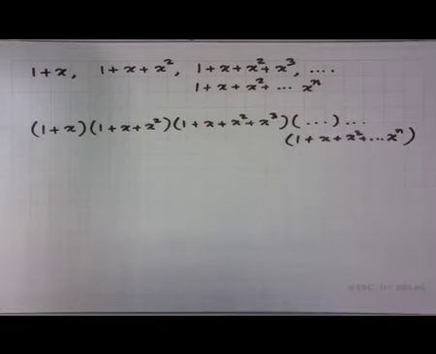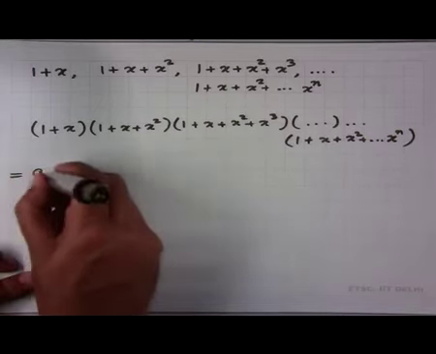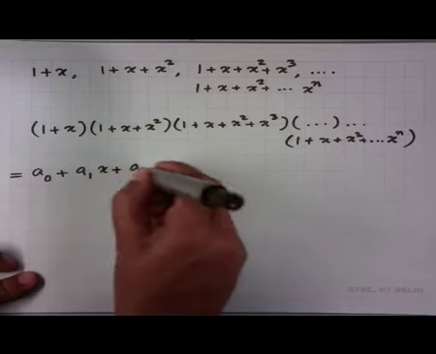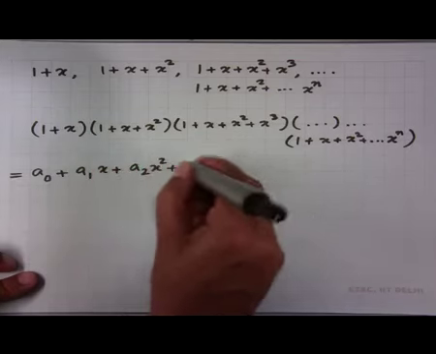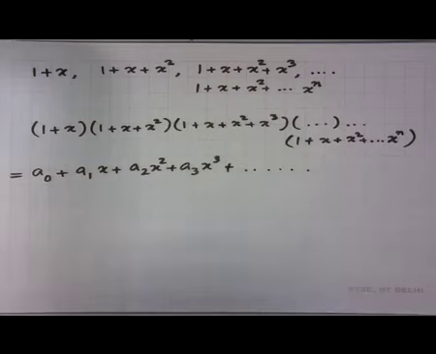Right, and after I do this multiplication, I expand it up and I write it as a 0 plus a 1 x plus a 2 x squared plus a 3 x cube plus dot dot.